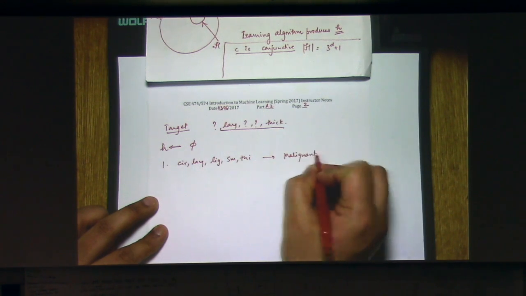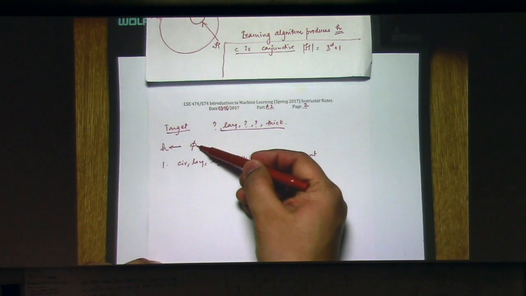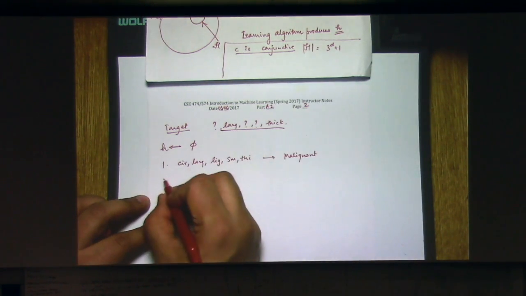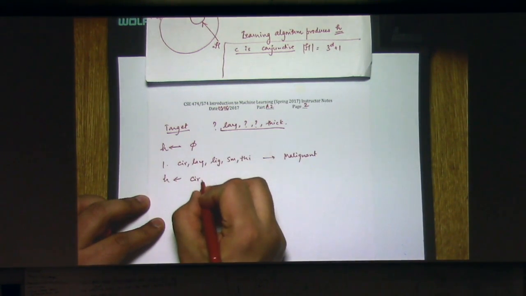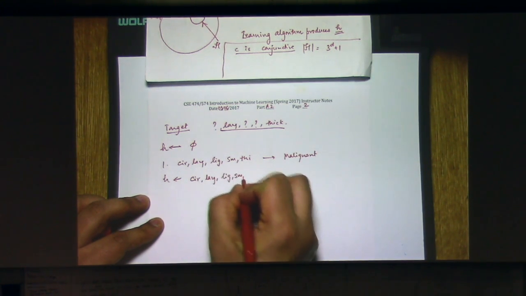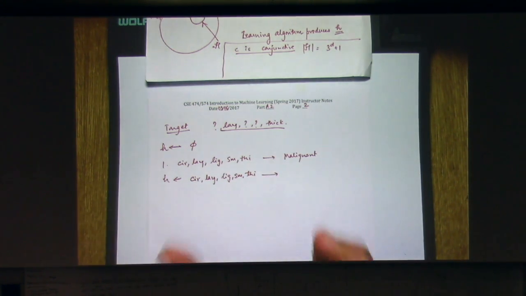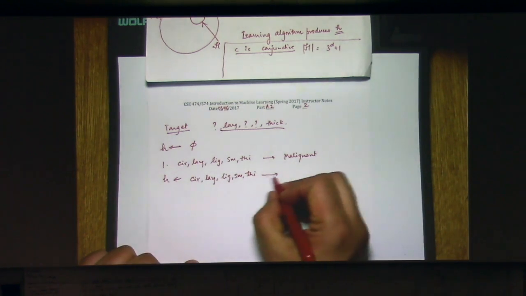According to the algorithm, we will do a pairwise AND of this with the empty hypothesis, and that's a special case, and it will give us H as just this object. And it makes sense, because this is the first object that you have seen, and all you do is say, I'm going to call any object that looks exactly like this as malignant, nothing else. So this is our H.